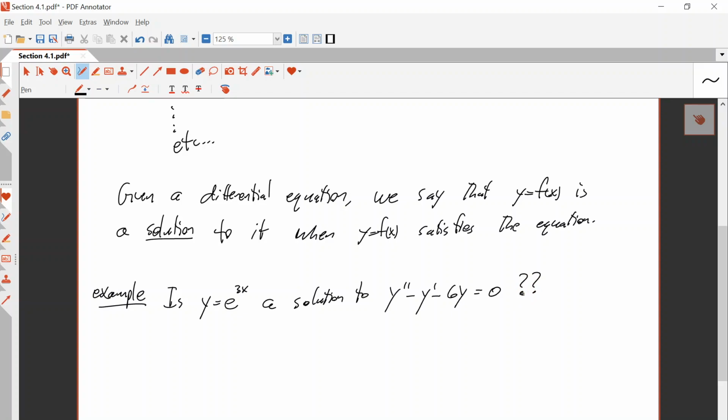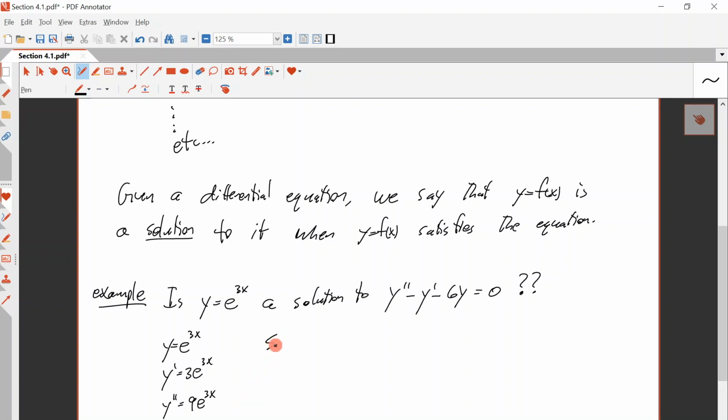Is it a solution? So what we do is we plug the function into the equation and see if we get 0 on the left, 0 on the right. Well, y is equal to e to the 3x. y prime is 3e to the 3x. And y double prime is 9e to the 3x.